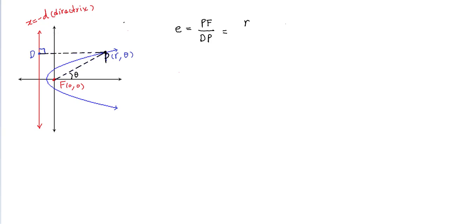The distance from D to P is this distance right here, which is d, plus this part, which is the horizontal leg of this right triangle, that is r cosine theta. So DP is simply d plus r cosine theta.